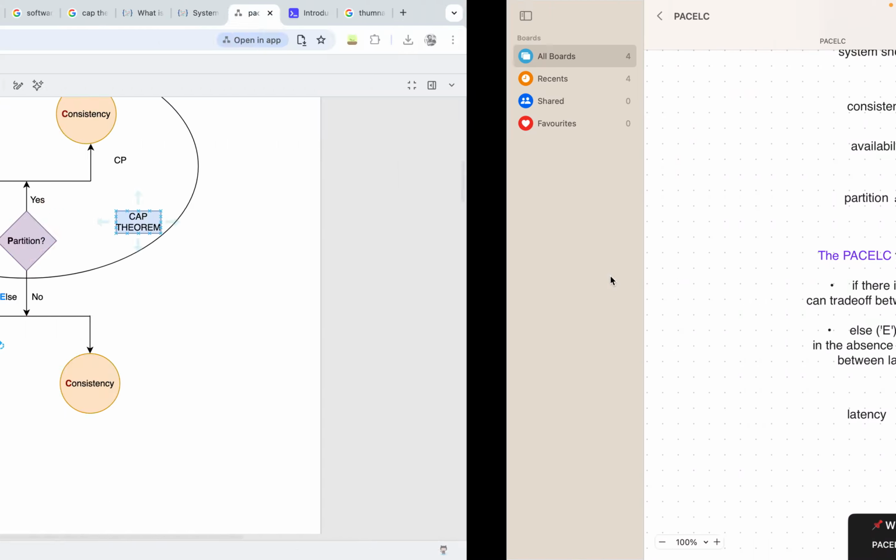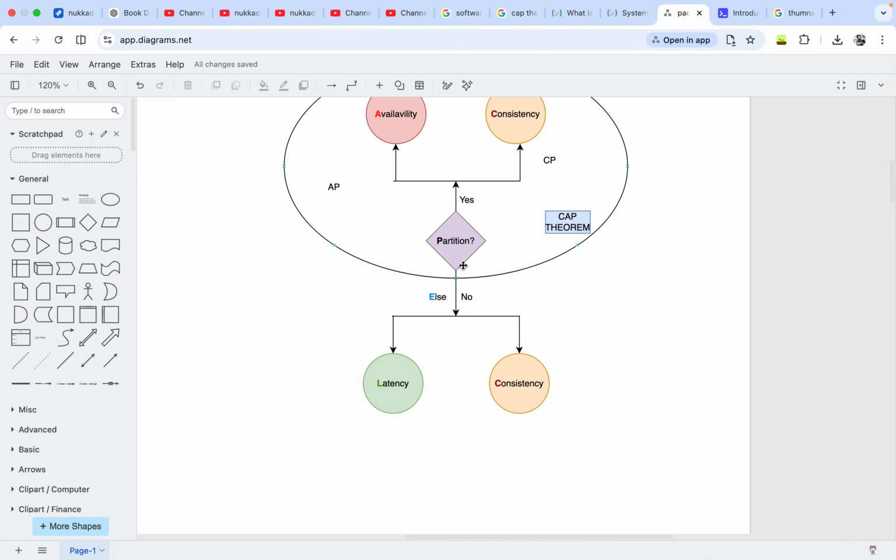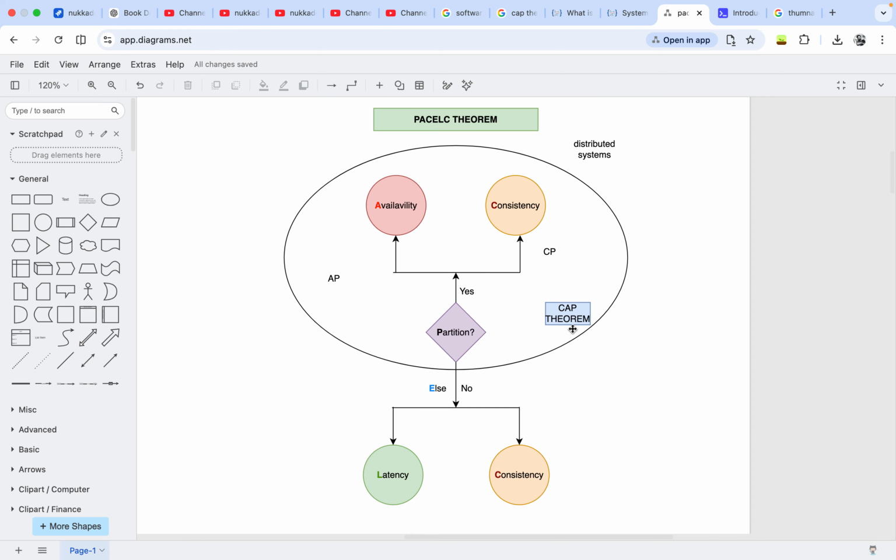First let's go here. If there is no network failure, no partition, then we can choose a system for better latency or better consistency, right? So this is our PACELC theorem, this extension: if there is no partition, we can choose latency or consistency. Remember, partition is the center.